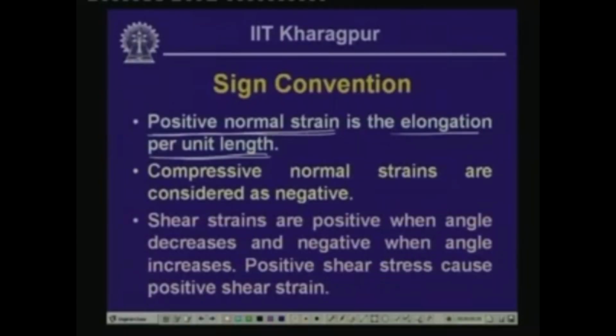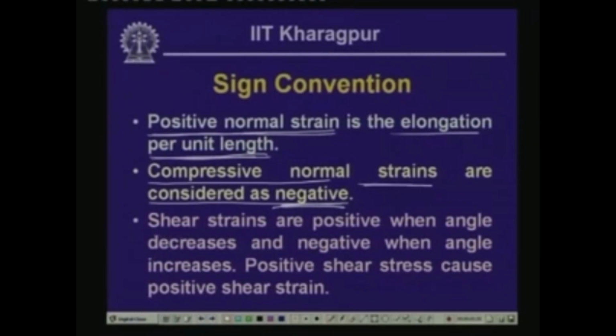Likewise, positive strain in the y direction is elongation in the y direction, and negative strain in both the x and y directions means they are under compression. So, positive normal strain is the elongation per unit length and compressive normal strains are considered negative.